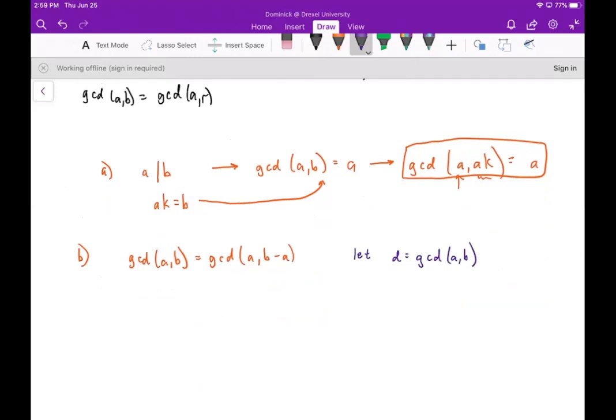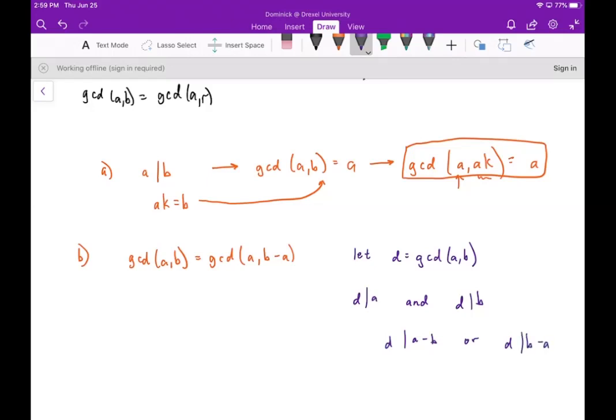Now, if d is the GCD of a and b, that means that d divides a and d divides b, right? And we showed before that if d divides two numbers, then it divides their difference, right? Or d divides b minus a, right?